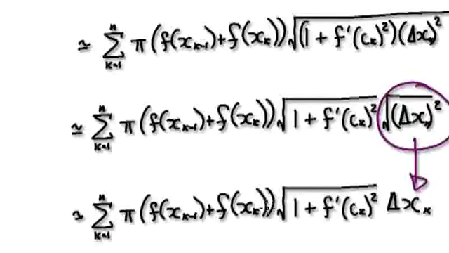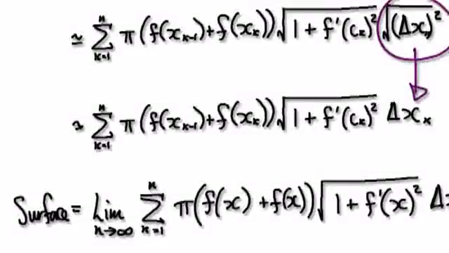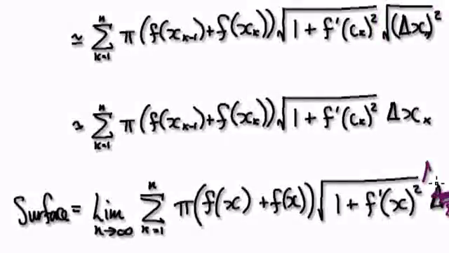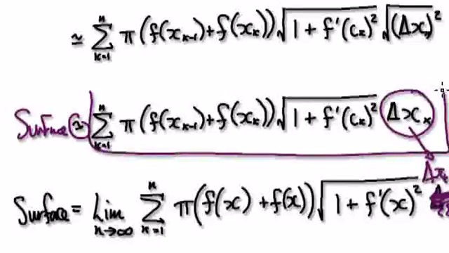Okay, and then so you've got a delta x here. So this delta x goes into here. So now the surface area at the moment is approximately this whole thing here.